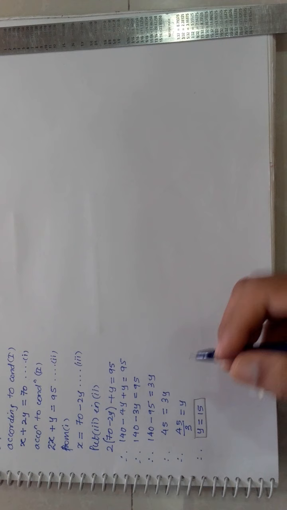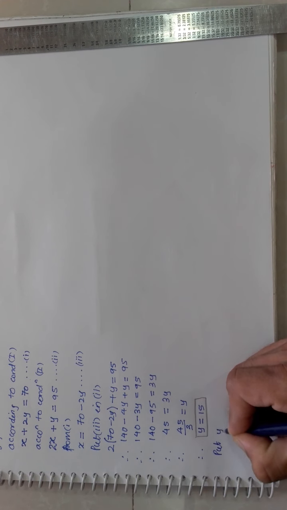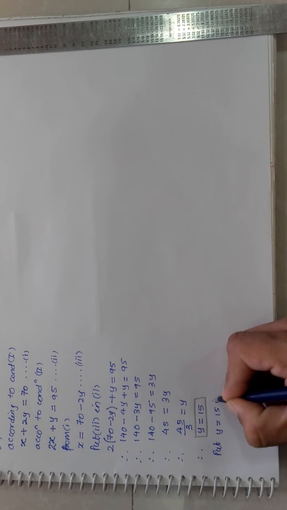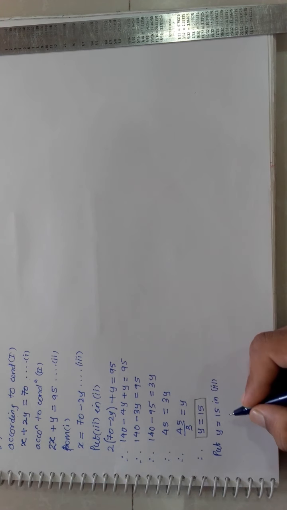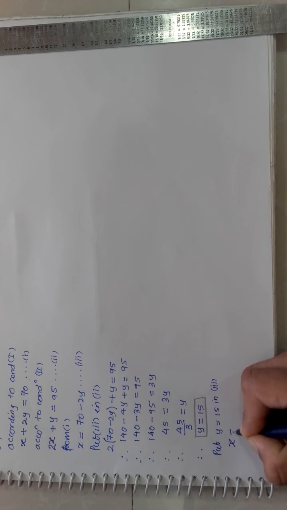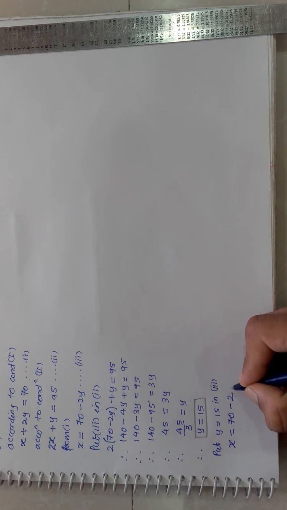Now once you get y is equal to 15, you substitute in the equation where you want to find x. So substitute it in the third one, that is, put y is equal to 15 in the third one, which is x is equal to 70 minus 2y, with y as 15.